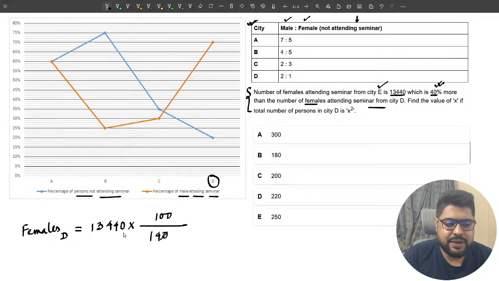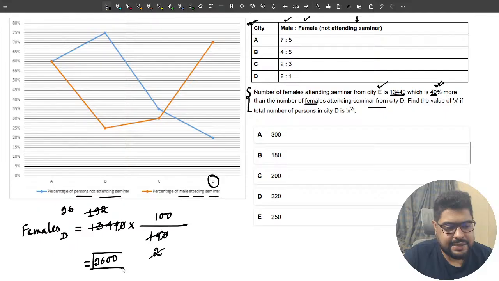Do this, sir. 14, so 7 twos are this. 7 ones are this. 64, 7 nines are 63, 7 twos are this. So with the 2, it is 96. So this is the number of females attending. This is 9,600, sir. 9,600 females attended.